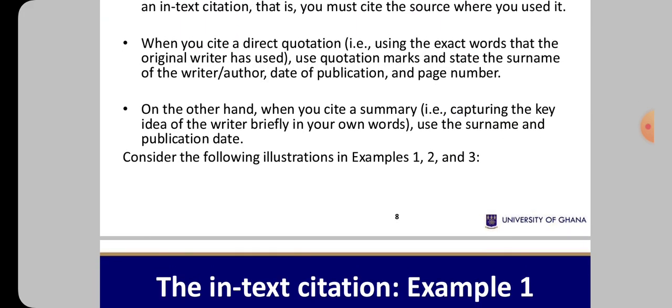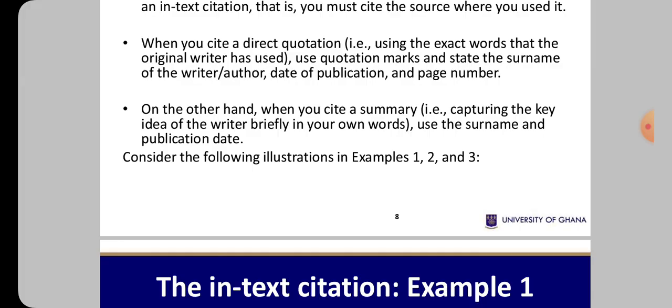On the other hand, when you cite a summary, for example, capturing the key ideas of the writer briefly, use your own words. So when you cite a summary, you must capture the key ideas of the writer.